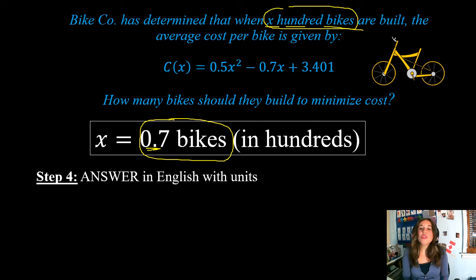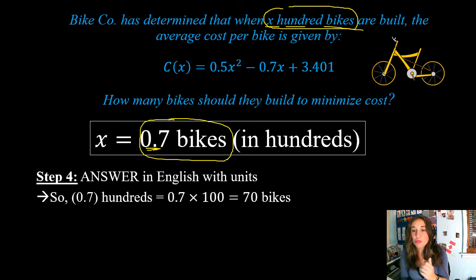All right. So yes, it's 0.7 bikes, but we need to now convert this to be in hundreds. And so what you do when you're dealing with a decimal, you could plug that into your calculator, 0.7 times 100, or you could do this really cool trick: when you have a decimal point and you're multiplying it by any number, 10, 100, 1000, you count the number of zeros.